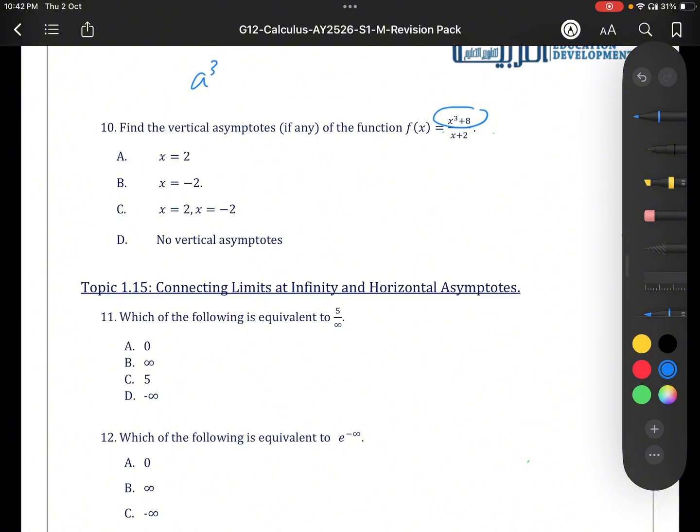Let's say a cubed plus b cubed can be factored as (a plus b) times (a squared minus ab plus b squared). So here the a is x and here the b is 2, because 8 can be written as 2 to the power 3.